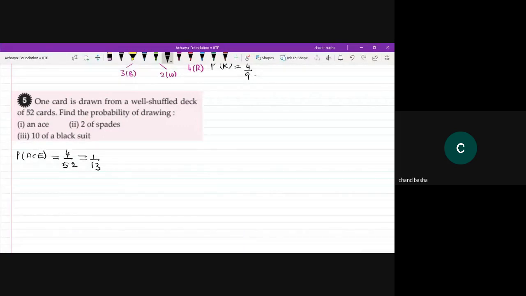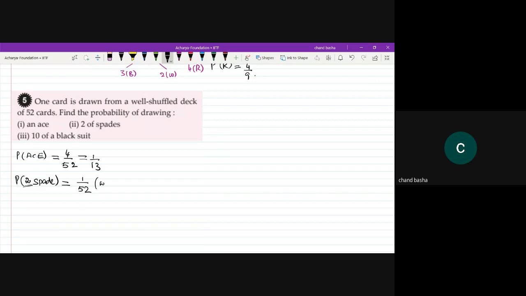What is asking? 2 of spades. Probability of number 2 spade card. How many spade cards are there? 13 out of which. Number 2 card is only 1 out of the 52.